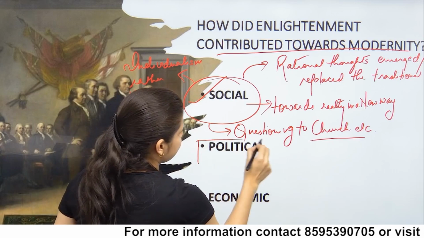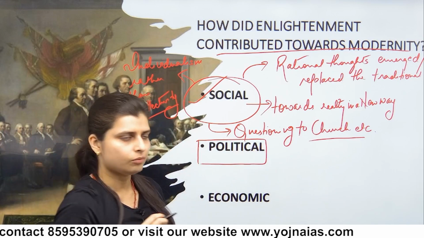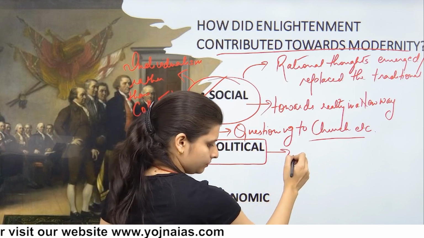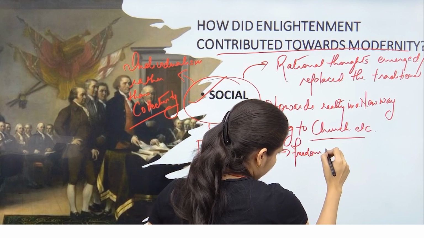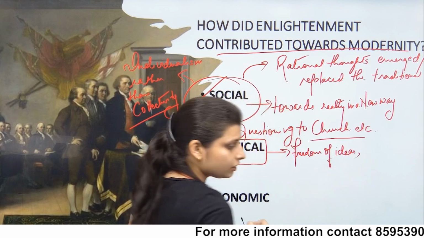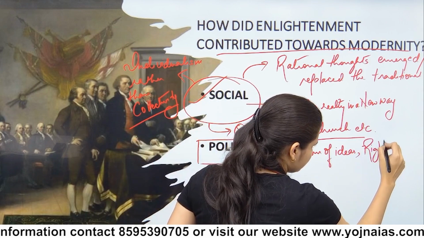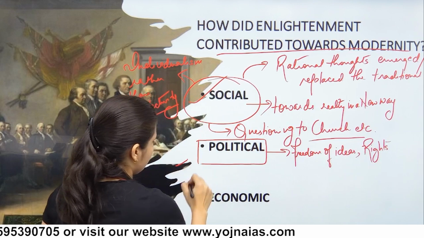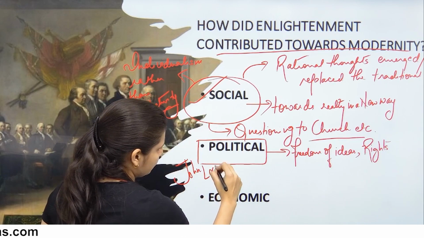And politically, how did the Enlightenment period bring modernity? Politically, there was more freedom of ideas. People got to know about their rights. Various intellectual thinkers have talked about these rights and freedom.